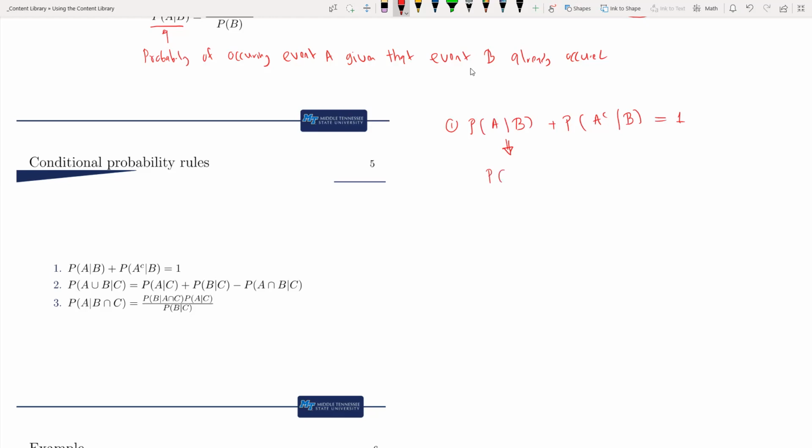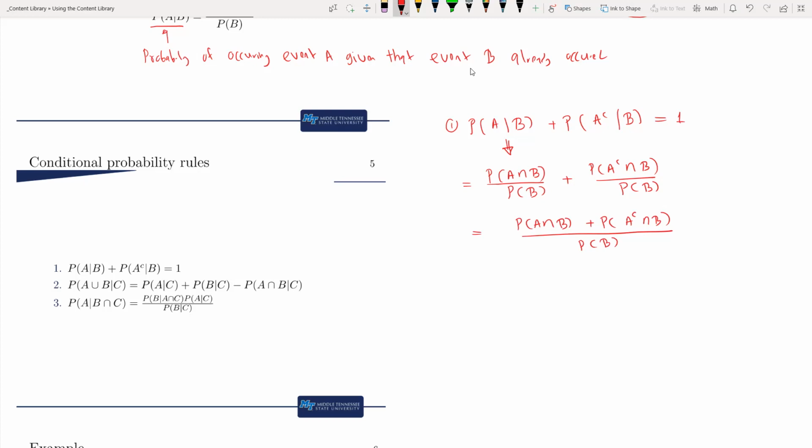It is probability of A and B over probability of B, plus probability of A complement and B over probability of B. So this is basically probability of A and B plus probability of A complement and B, over probability of B.